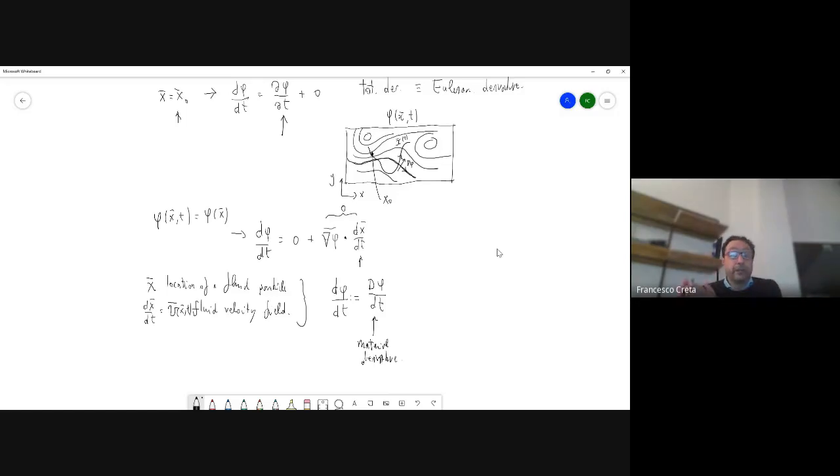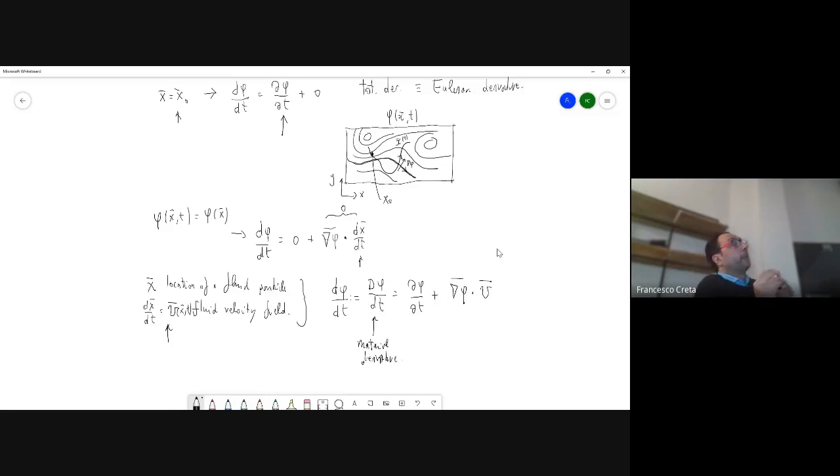When I'm talking about fluids, and I'm really following the trajectory of a fluid particle, then I'm talking about a material derivative. So this will be written as d phi by dt plus the gradient dotted with dx by dt, which is v, the velocity field. So it's a special kind of total derivative, specialized for fluid dynamics.